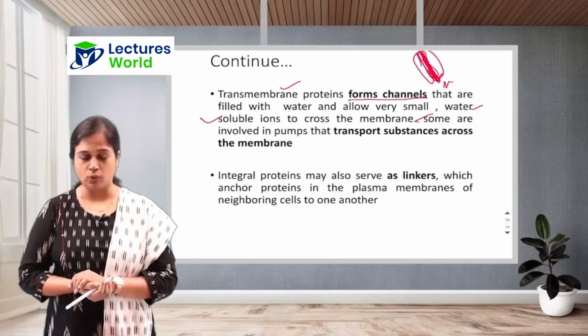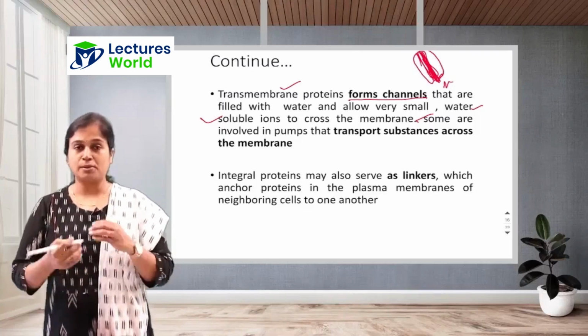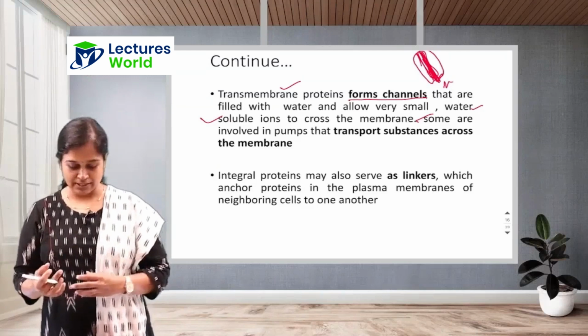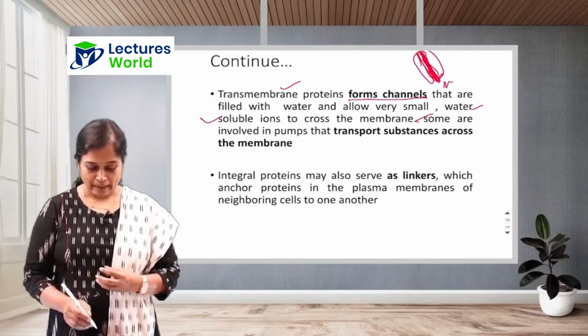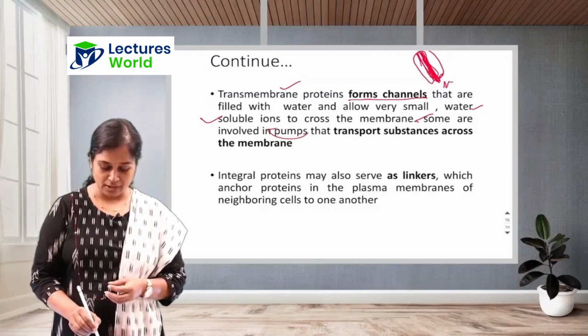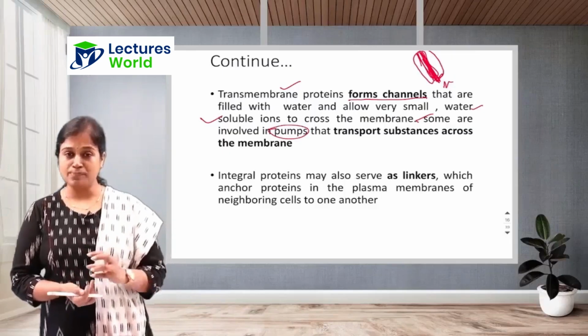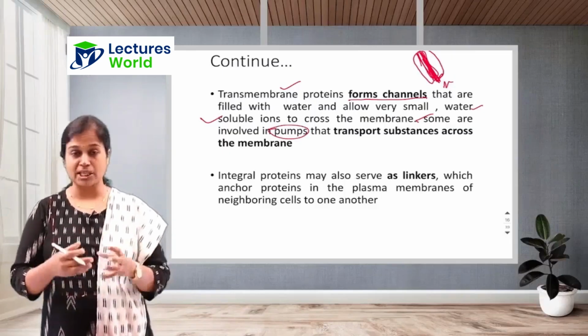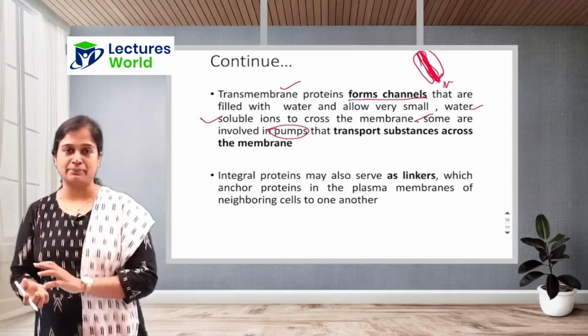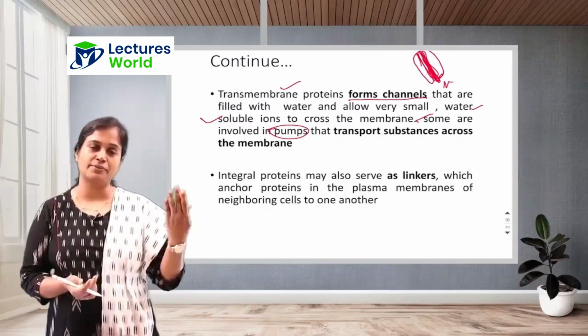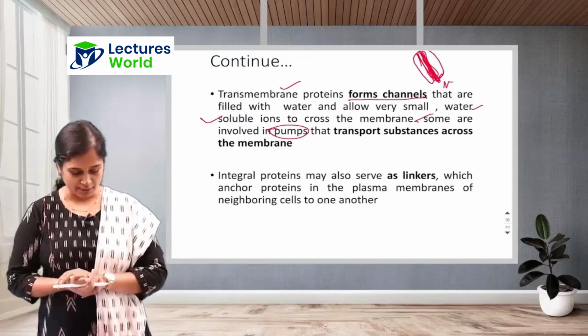And some are involved in pumps that transport substances across the membrane. So some proteins work as a pump, and these pumps transport substances across the membrane from intracellular to extracellular or from extracellular to intracellular.